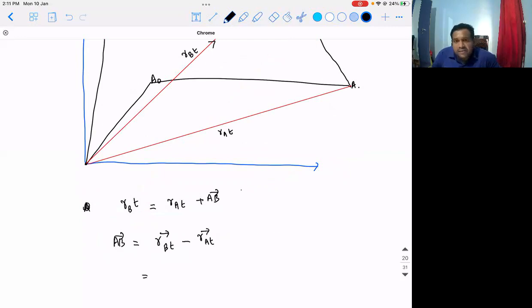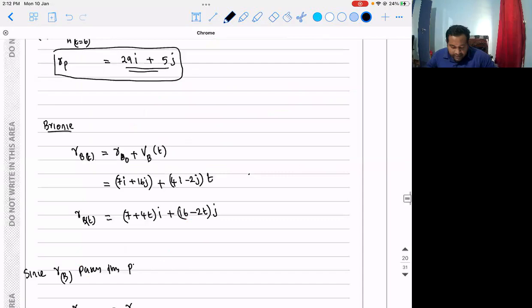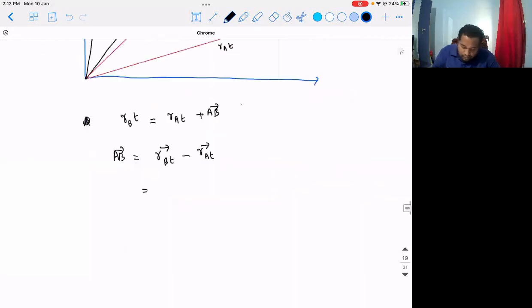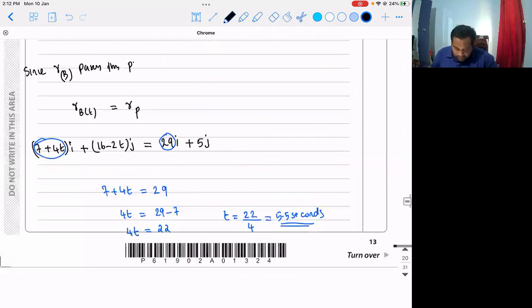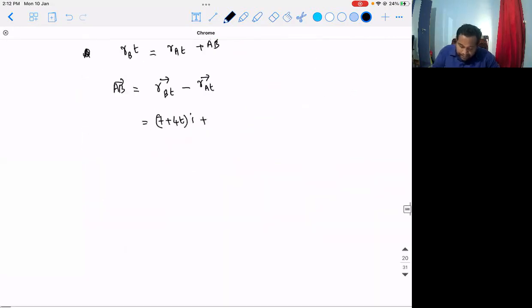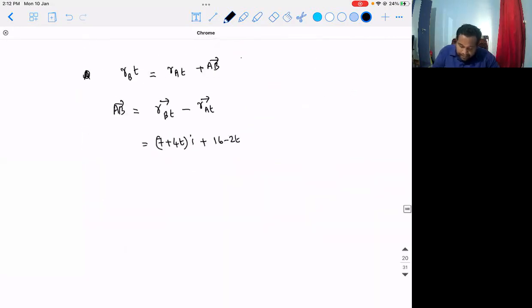So what is the general equation of the position vector of B in t seconds? We have already calculated it. What is that? (7 + 4t)i + (16 - 2t)j, minus, what is the position vector of A?